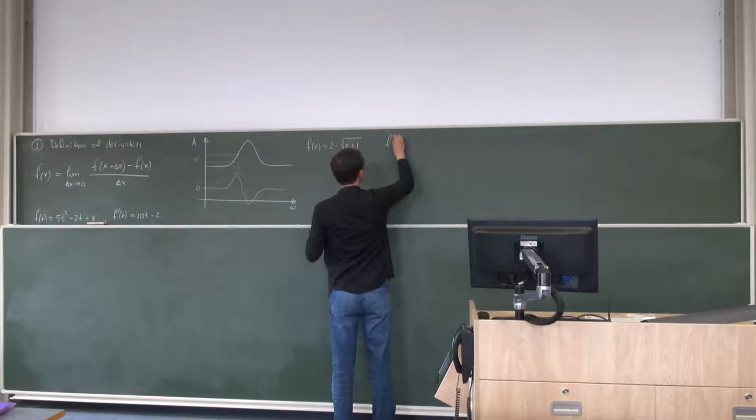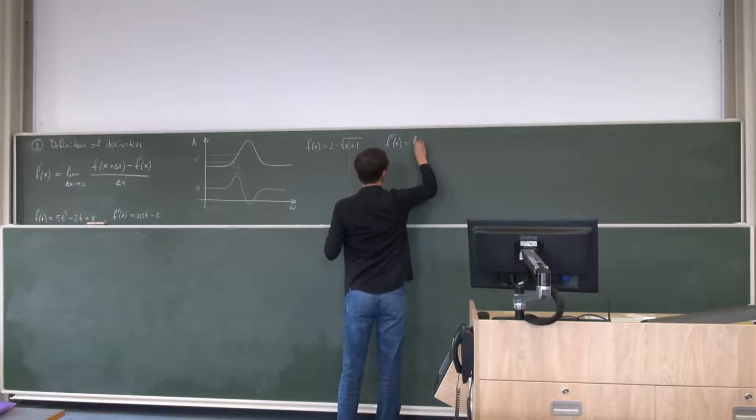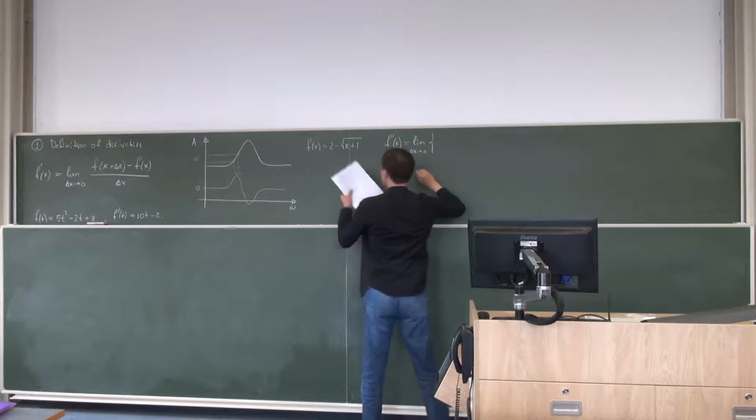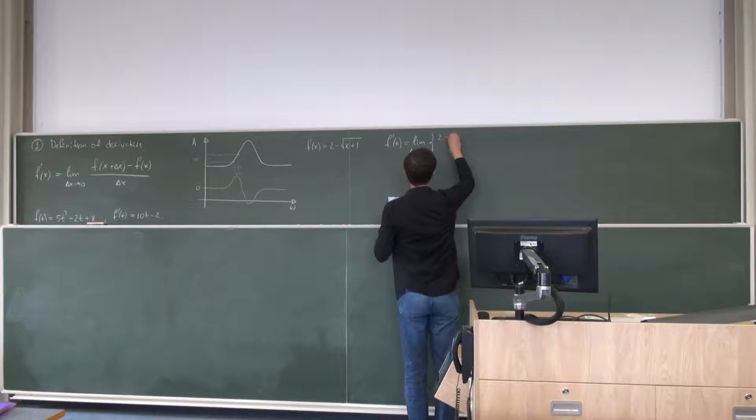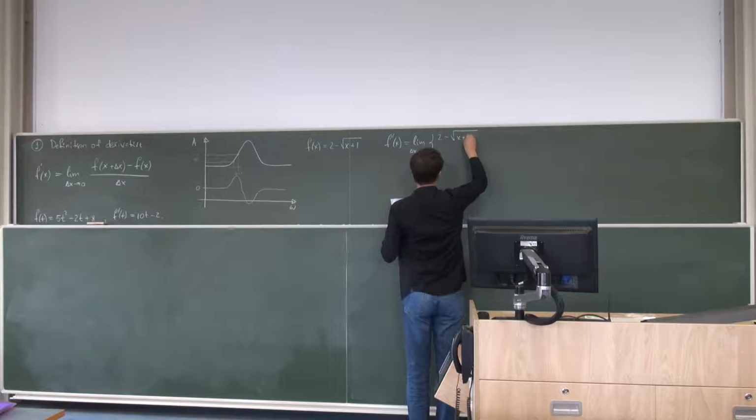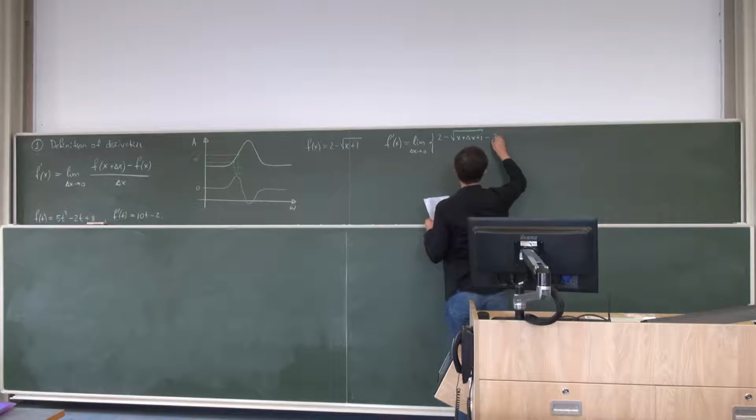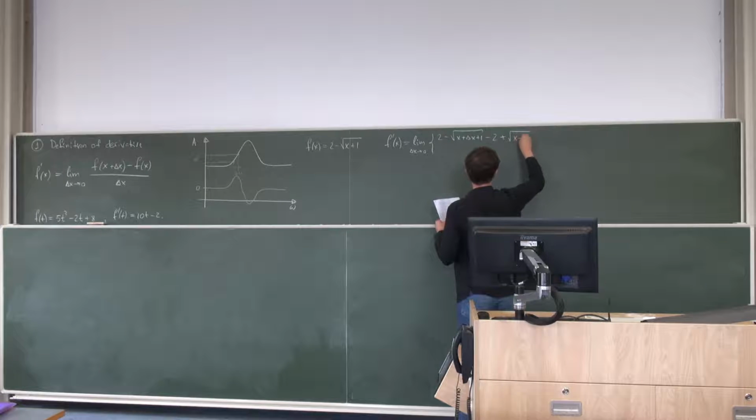We would have f prime of x as a limit delta x going to 0 of the incremented function, square root of x plus delta x plus 1, minus square root of x plus 1, divided by delta x.